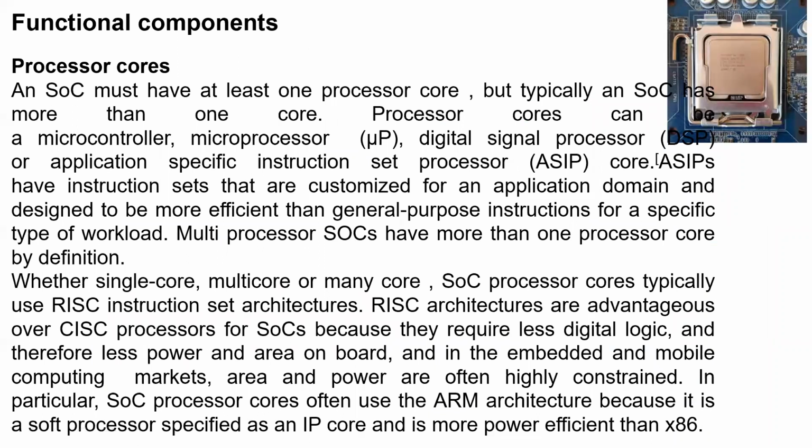First, let us discuss the processors which are present on the SoC. An SoC may be a single processor system, or it can be a multi-processor system. In a single processor system there can be at least one processor core, but mostly system on chips have more than one core.